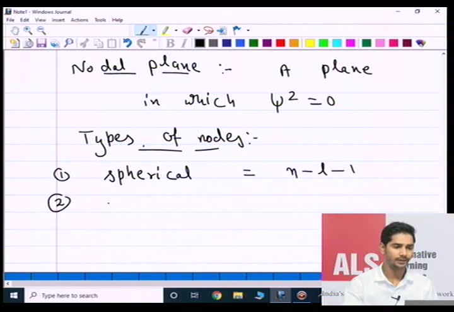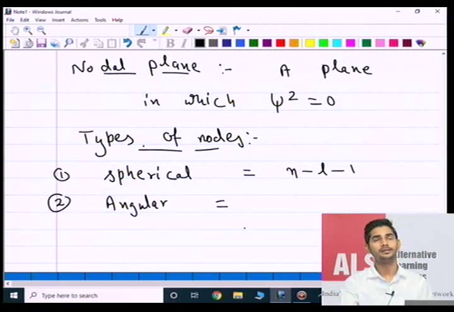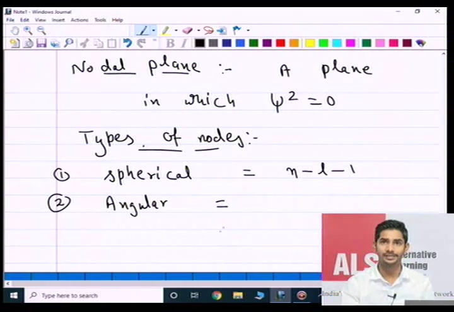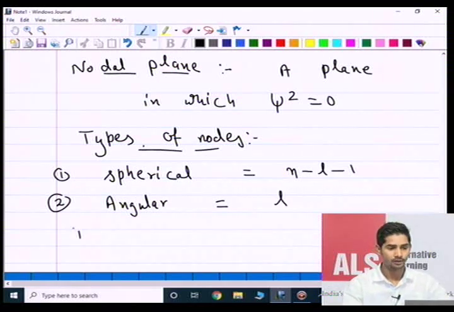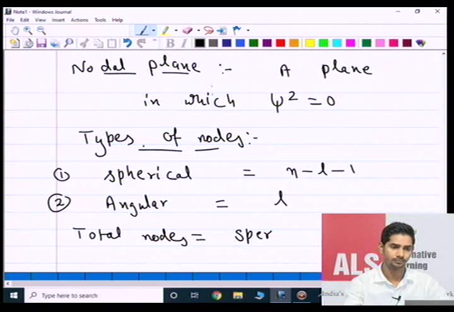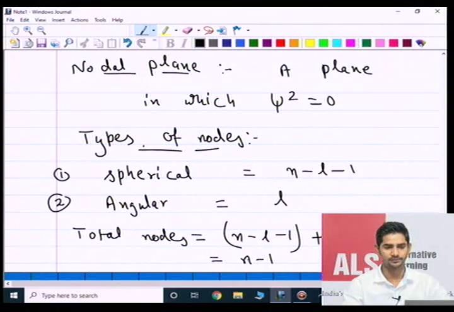Second is your angular, meaning they will be inclined at some angle with reference to the standard set of coordinate axes, and this one is represented by l. Now, total nodes will be spherical plus angular. I will simply sum up, and on solving I'll get n minus 1.